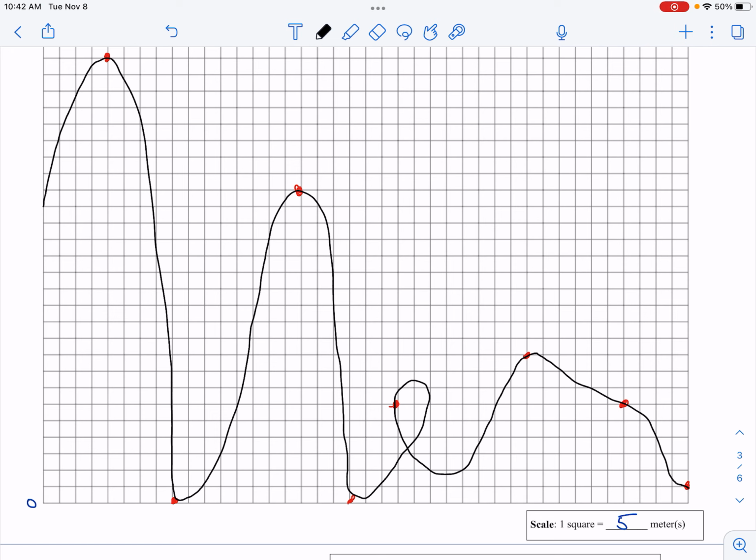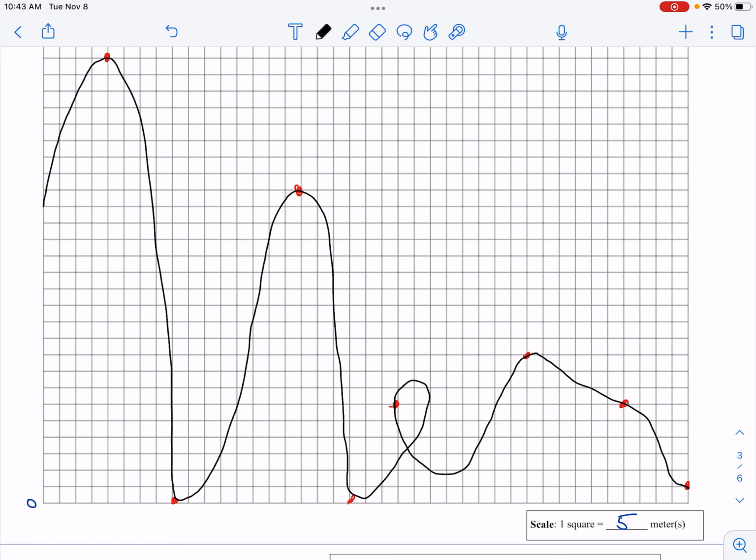So you have a total of 8 points. 1, 2, 3, 4, 5, 6, 7, 8. They don't necessarily have to be at the very tops of your track or the very bottoms. They can be at various different points. You just need to have 8 points total.